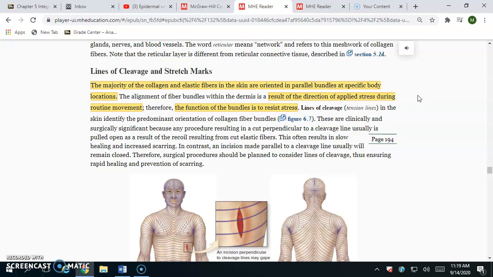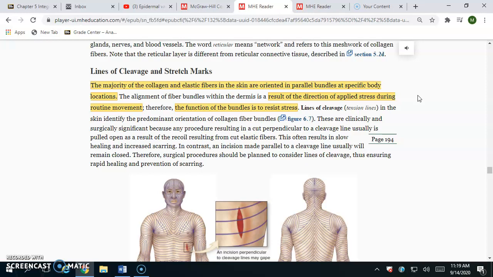So how they're arranged in the dermis is they're arranged in parallel bundles. So remember they're long fiber type proteins, so they're arranged in these long parallel bundles. And then it depends on what area of the body we're talking about, which way those parallel bundles are oriented.